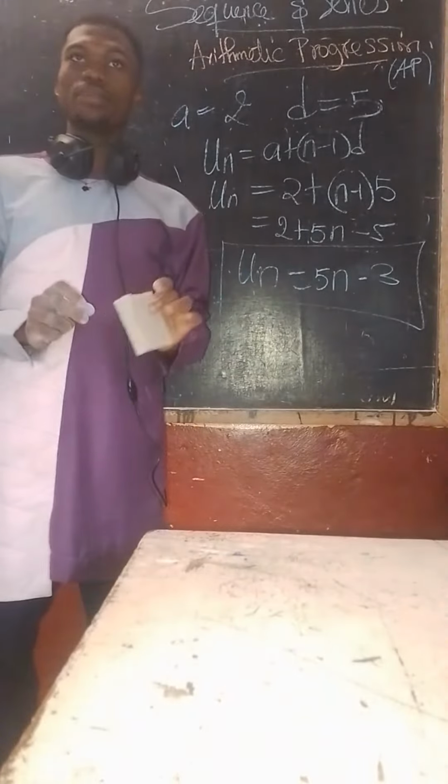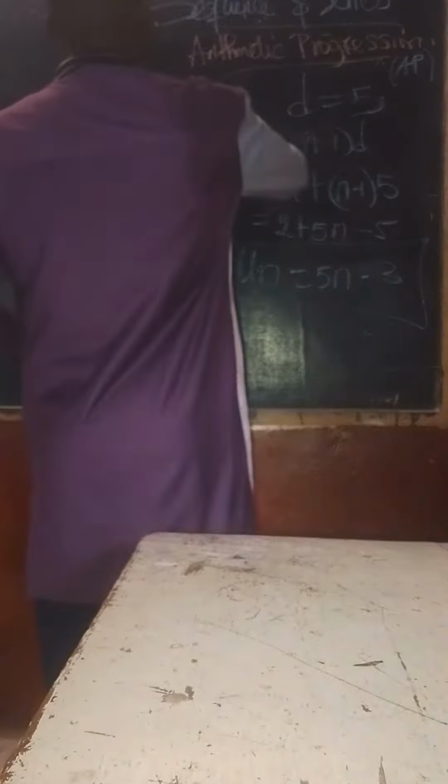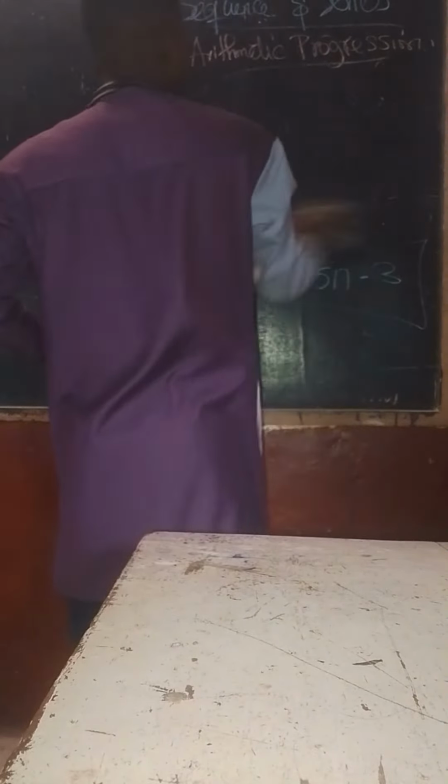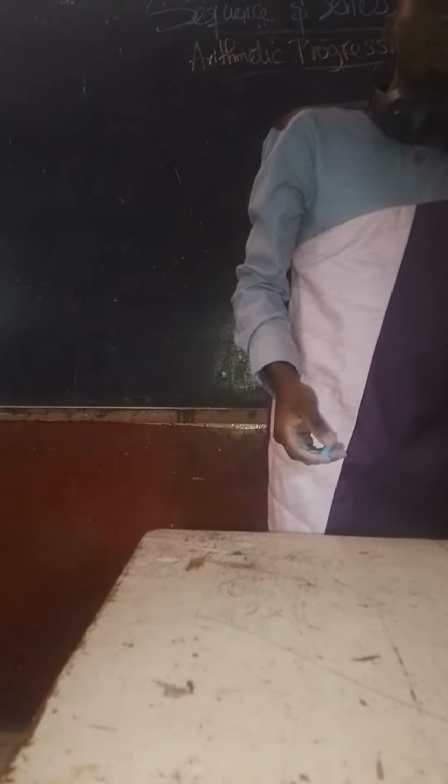Now we are done with the nth term. We are going to the sum of the first n terms. If your mock paper is a pre-mock paper, there's a question there on sequence and series in section A. By the time I'm done with this, we can answer that question.